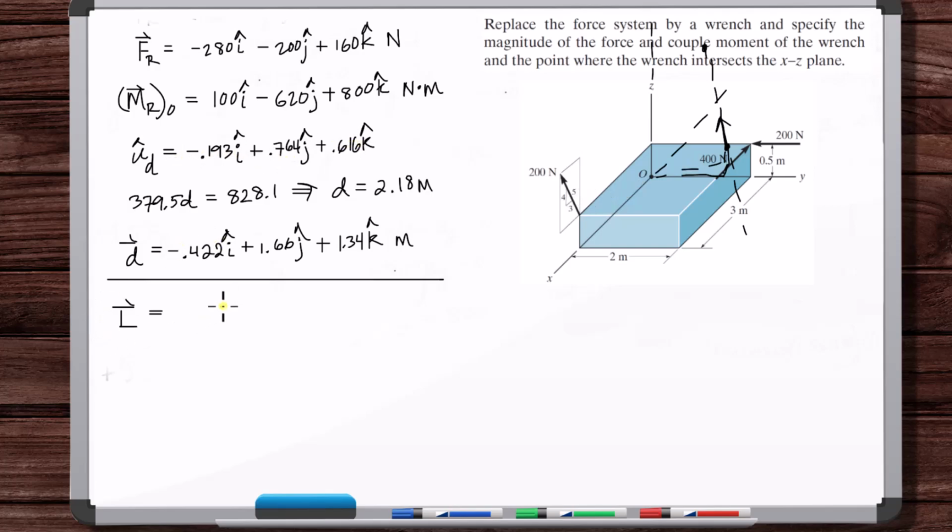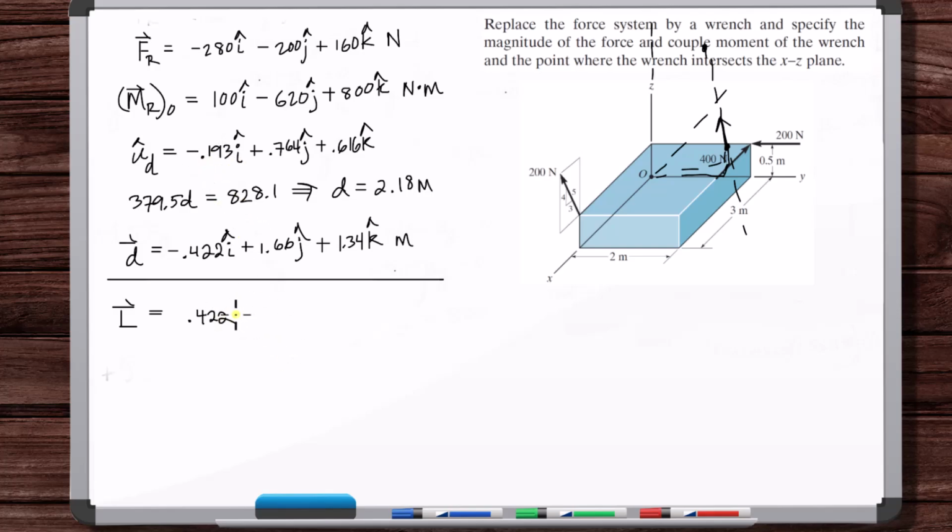Okay, so now the equation of this line. For the equation of a line in 3D, you need a point on the line and a direction on the line. We've got both of those. Here's the point on the line. That's the tail of the vector. And here's the direction. You take the point, so the I component, 0.422 plus t times the direction.